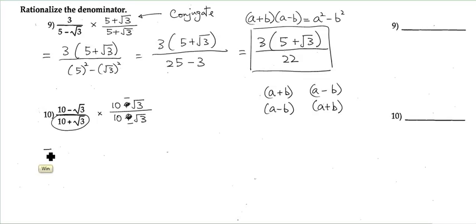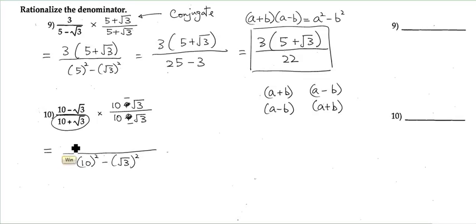So now, let's see what happened. On the bottom, it will become 10 squared minus radical 3 squared. But what about the top? Now do not foil that. That makes you look bad. We should know the special product formula. This is indeed a minus b squared.